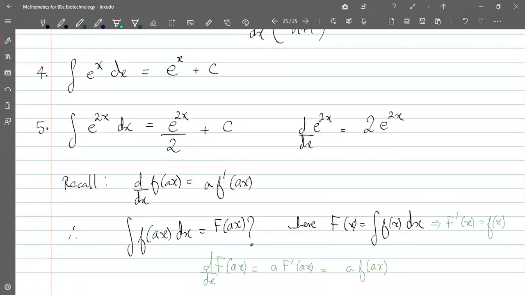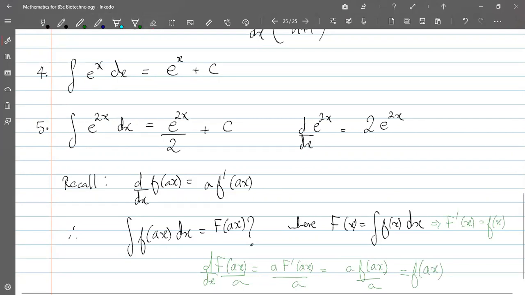So I almost get what I want, which is f of ax, except that there is no a over here. So how to compensate for that? Divide throughout by a. Right? So this answer should be F of ax by a. All right.